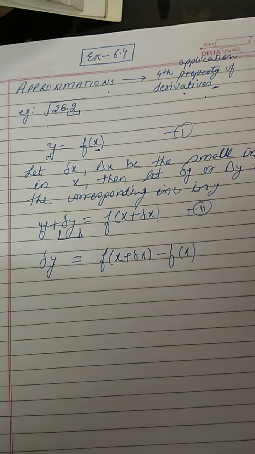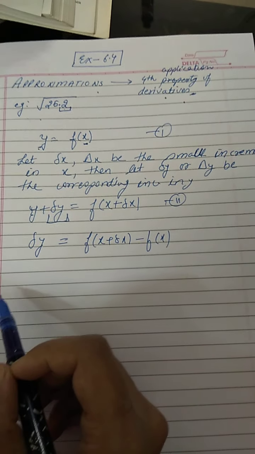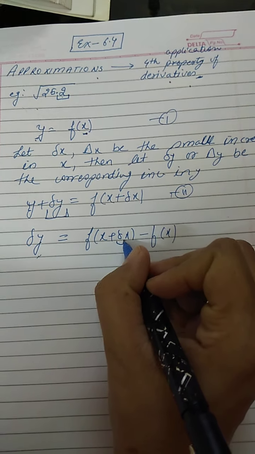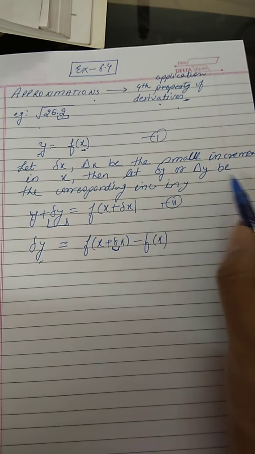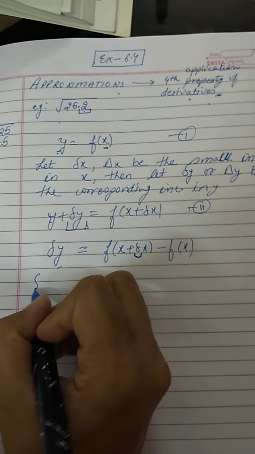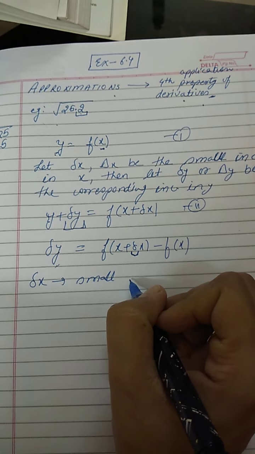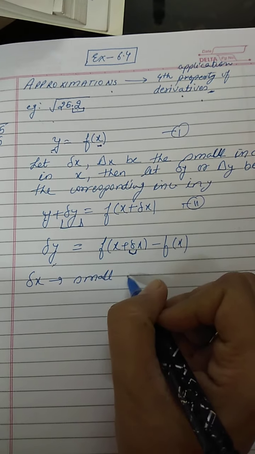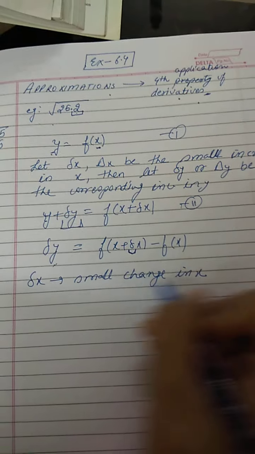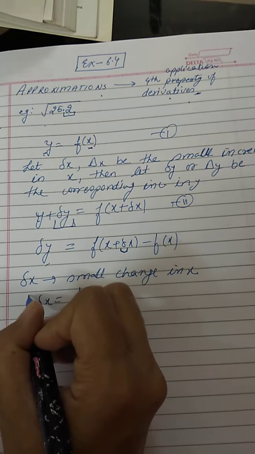It all comes under your first principle of derivative, right? And here, what is this del x? We are saying del x is the small increment in x, or small change in x, and it can actually be taken as dx also, right?